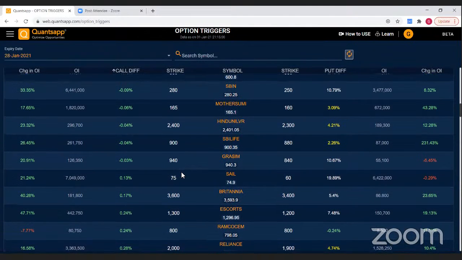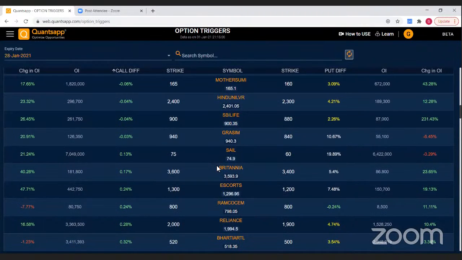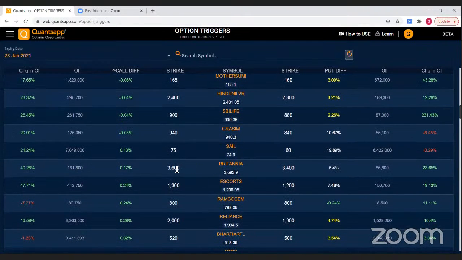So let's take Britannia. There's a difference of nearly 0.17% between the future price and the strike price, almost 6 to 7 points difference. In this particular strike, the open interest is 1,81,000. Now you can see the change in OI.